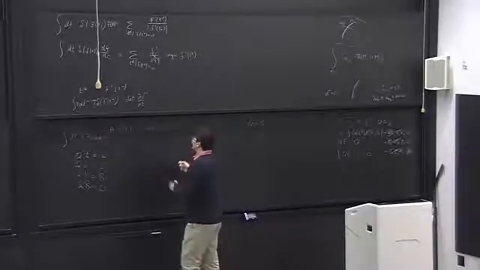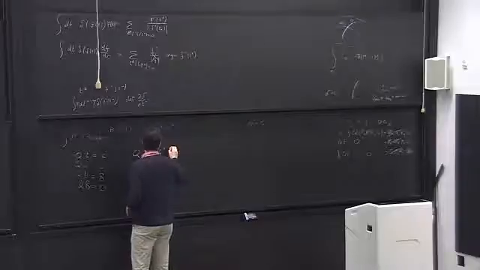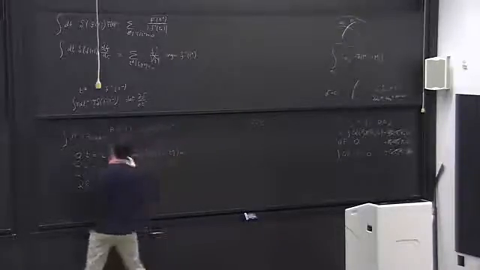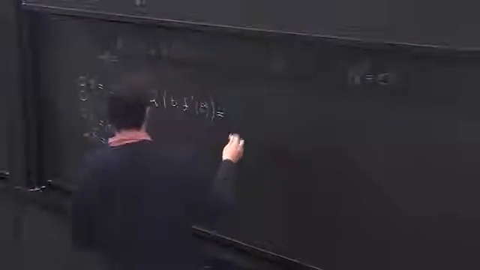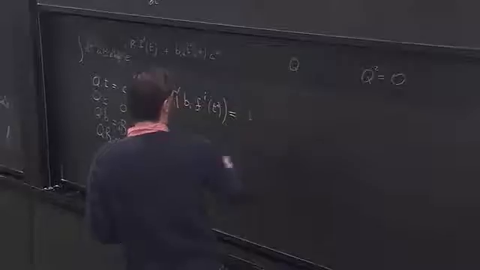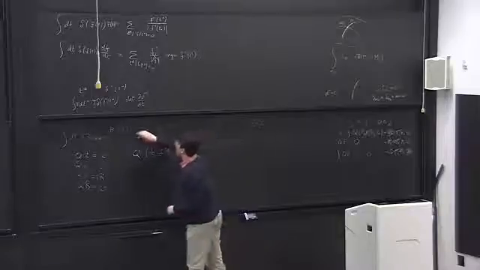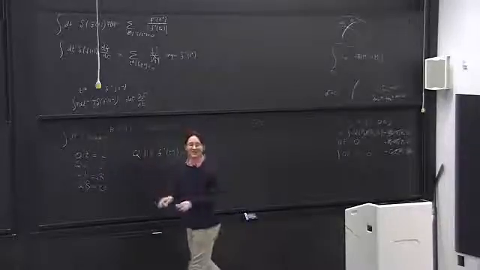The nice feature is that if I now do Q of B_i F_i of T, I probably should have put an i here, sorry, I get precisely B_i, or maybe a minus i. Don't trust my signs in general.